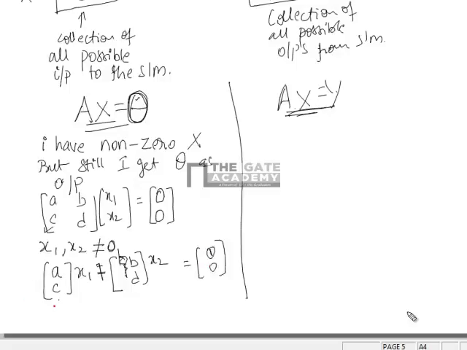It means AC times x1 is nothing but minus BD times x2. And most importantly, x1 not equal to 0, x2 not equal to 0. This is the conclusion we have.